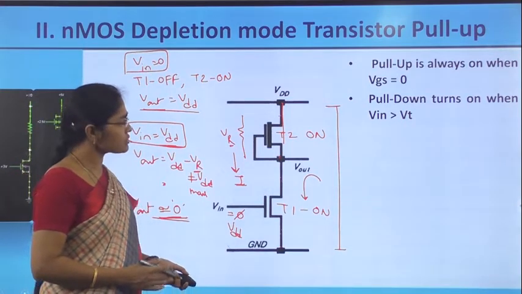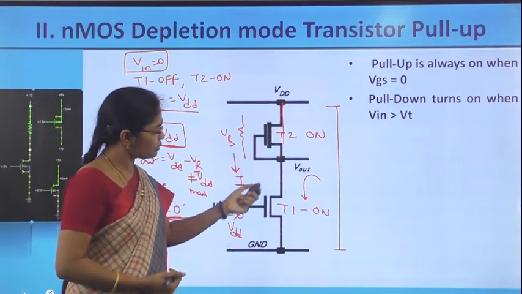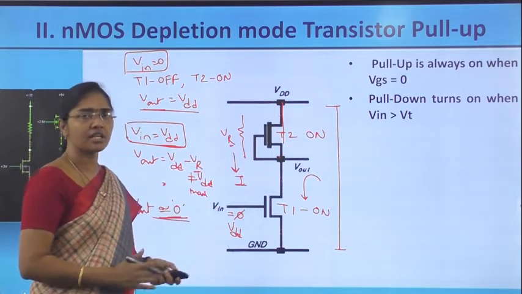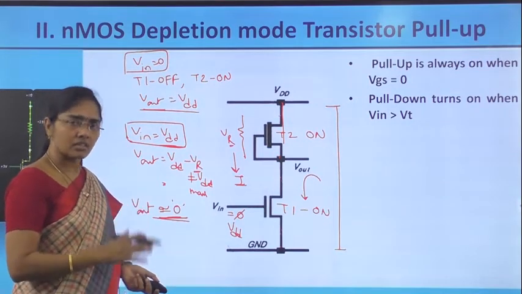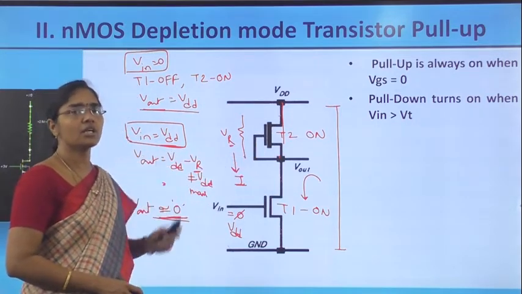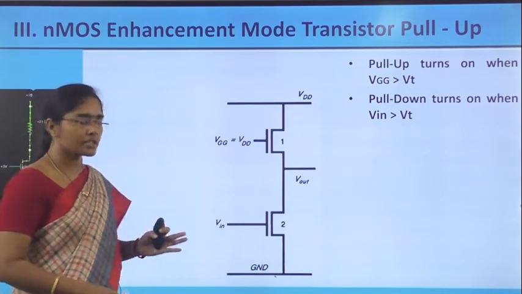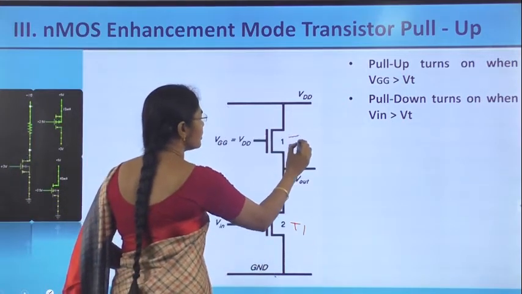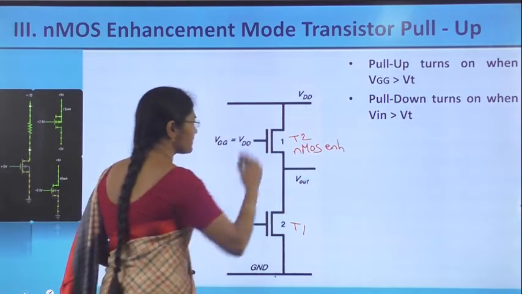Therefore, to reduce this power dissipation and to have full outputs at both levels, this load device is changed to an NMOS enhancement transistor, and let us observe the operation. Now let's check what will happen to the circuit when this is replaced with an NMOS enhancement transistor. The circuit construction is the T1 transistor, the functional transistor, and the T2 transistor, which is now an NMOS enhancement transistor.